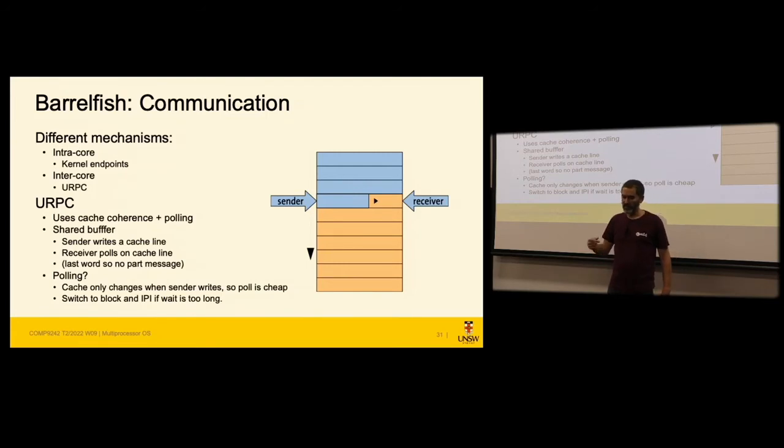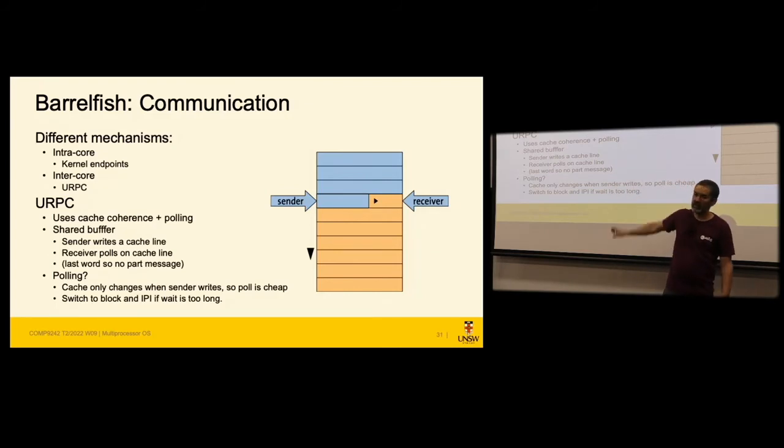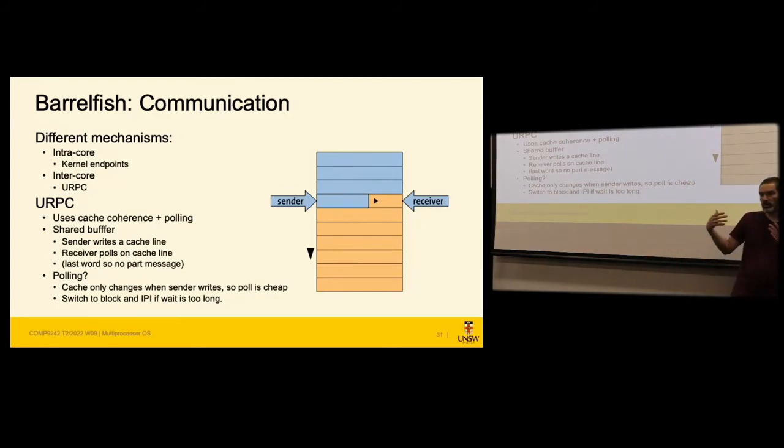So if you're expecting a message and you're polling on this, it's not really doing anything. But nevertheless, if it's going to take a long time, then you're best off to stop the polling and switch over to an interprocessor interrupt mechanism and wait for that to happen. So there are several levels. If it's coming quickly, you poll, and if it's not, you stop and do something else. But this is a really neat mechanism for doing explicit message passing even though your hardware doesn't provide you with those primitives.